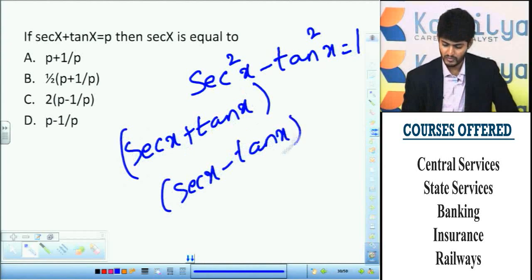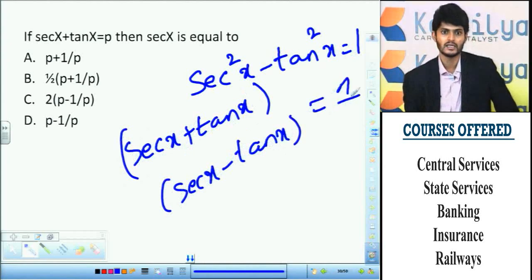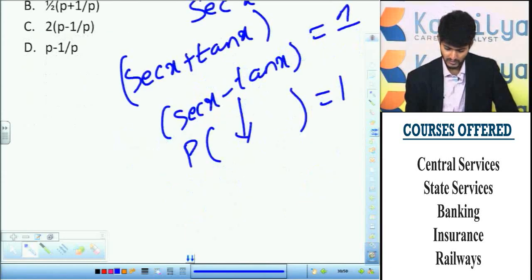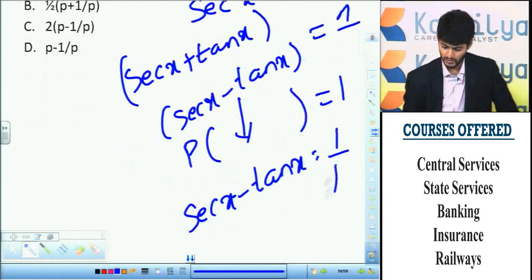If I multiply these two, a plus b into a minus b, I will get 1, right? So secant x plus tan x is already given as p. P into this value will give you 1. That means secant x minus tan x is equal to 1 by p.